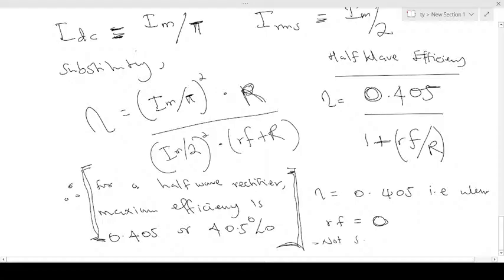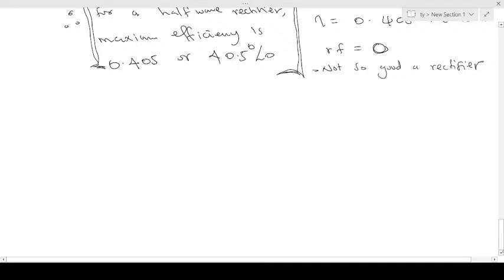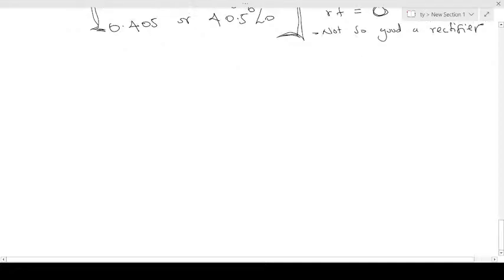Some applications of half-wave rectifiers are a two-position lamp dimmer, or something that we use to charge batteries. Due to their inefficiency, they are not widely used in electronics, but they are used in a few things, like what I stated previously.